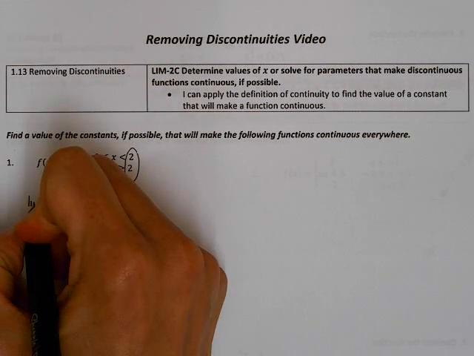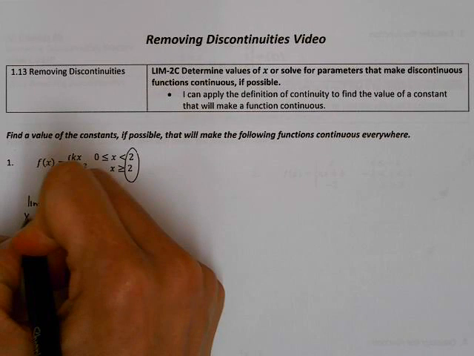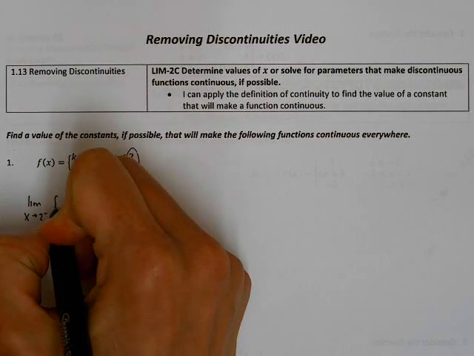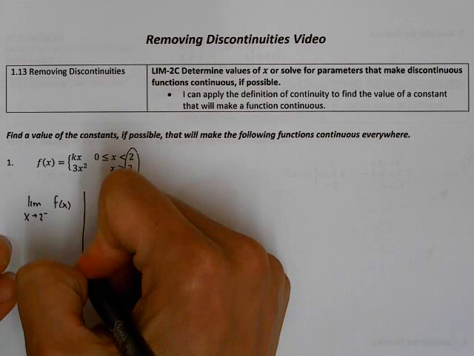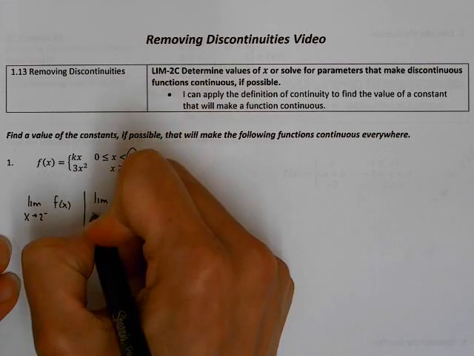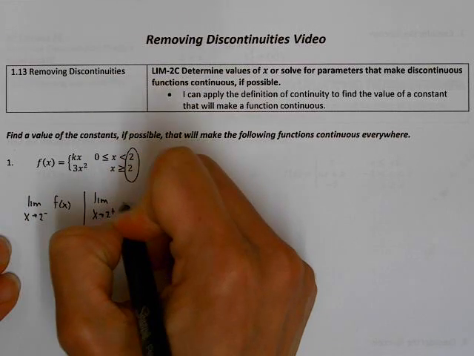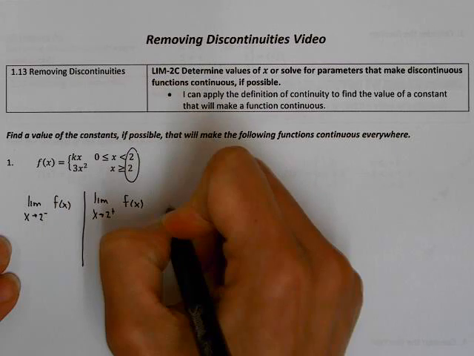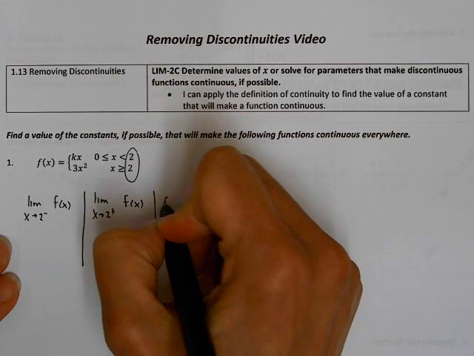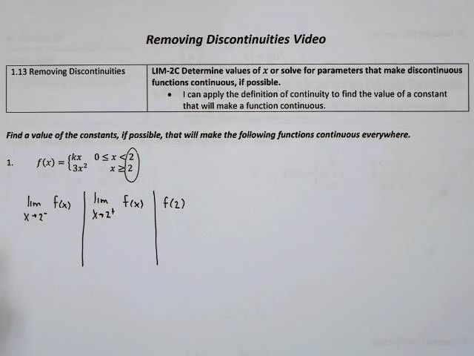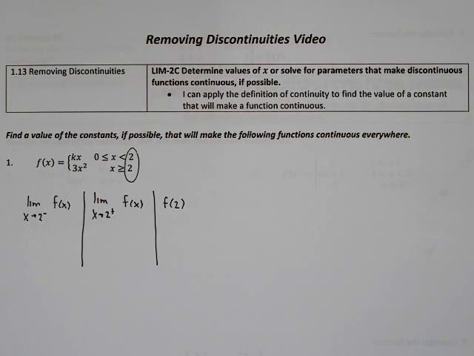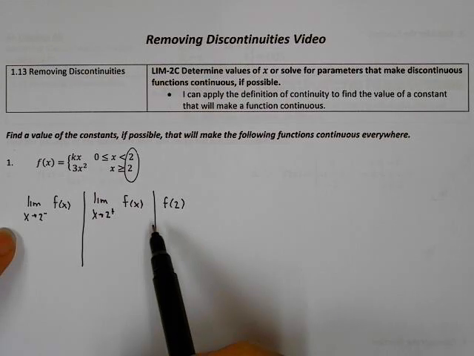I know for it to be continuous that the limit as x approaches 2 from the left of f of x has to be equal to the limit as x approaches 2 from the right of f of x, and then those limits have to be equal to the function value. If I don't have those 3 things equal, then I don't have continuity. So let's see what this is going to look like.